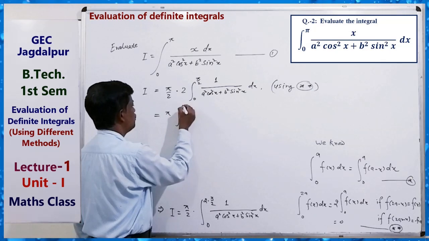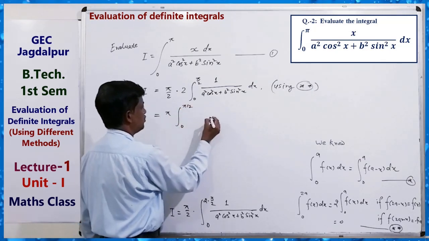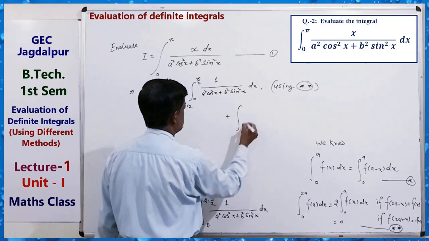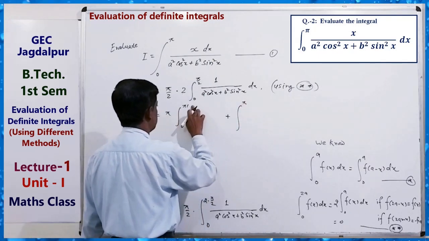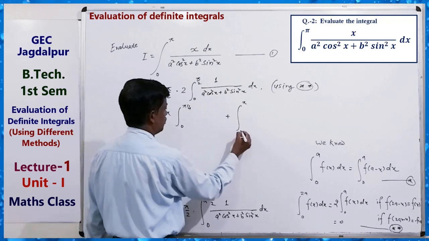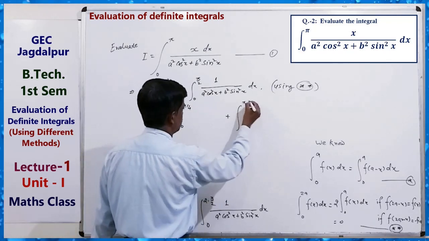Now this is equal to pi, 0 to pi by 2 plus 0 to pi by 4, pi by 4 to pi by 2.